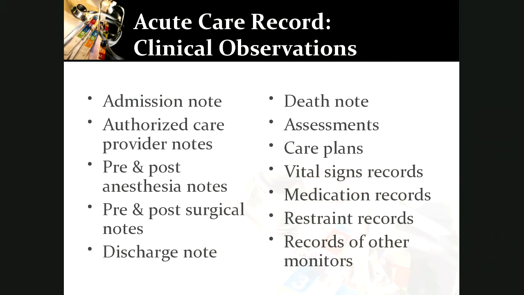And then post anesthesia notes, where the anesthesiologist comes back and evaluates the patient, and also in post-op evaluating them. Pre and post surgical notes will be in there. A discharge note will be in the record. A death note, if the patient expires, will be in the record.